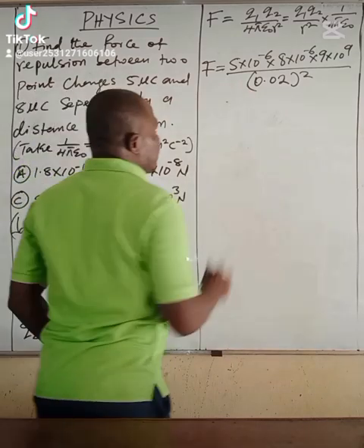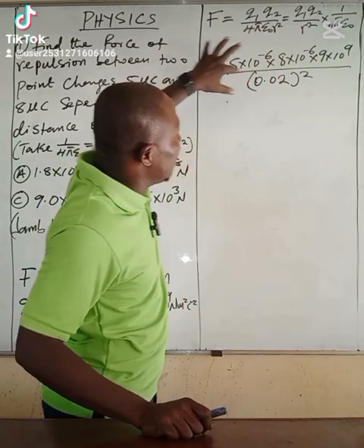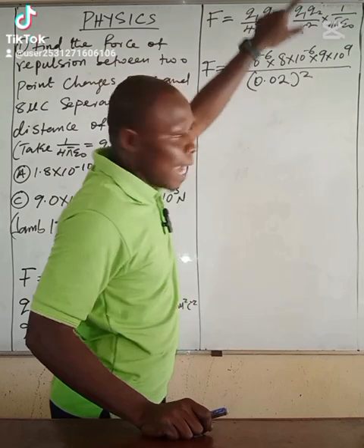Okay, so now I can say 5 times 8 times 9. I bring it outside. The bases are the same, so I add the powers.